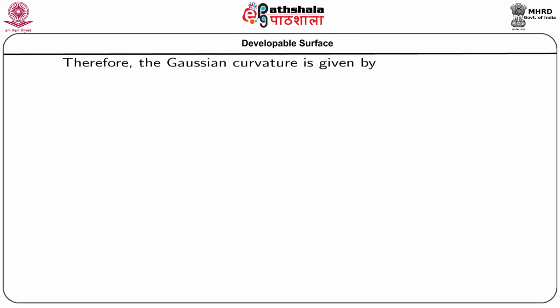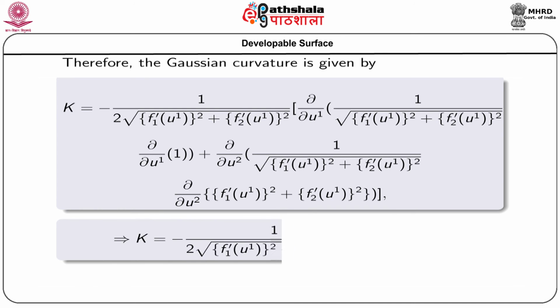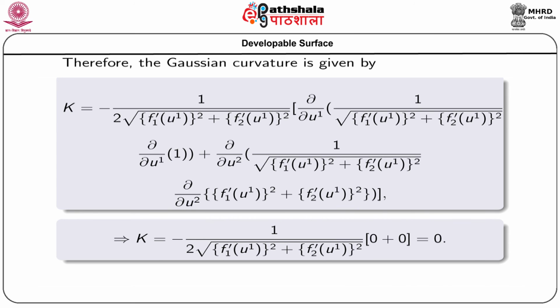Now, as a12 equals 0, the curvilinear coordinate system is orthogonal, so we apply the formula for Gaussian curvature, put in the values, and after calculating we get this equal to 0. So, for this surface the Gaussian curvature is 0, that means the surface is developable.